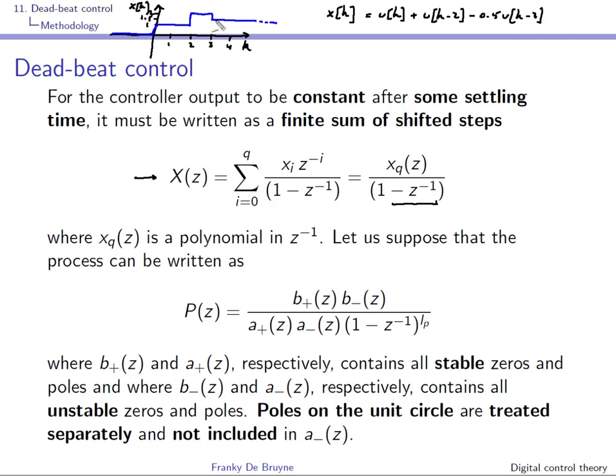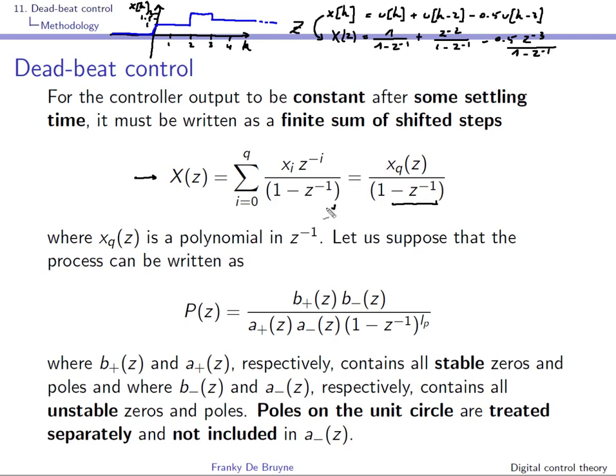And then we're finished because the output takes its final value. If we now go to the Z domain, we have X(z) is 1 over 1 minus z to the minus 1, plus z to the minus 2 over 1 minus z to the minus 1, minus 0.5 z to the minus 3 over 1 minus z to the minus 1.